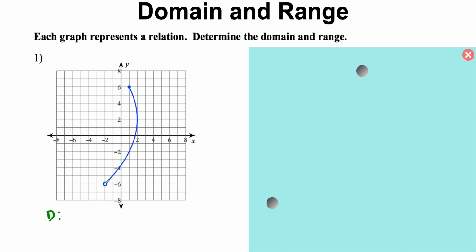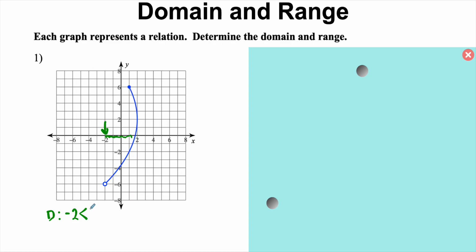Okay. So notice this blue line, the graph, it went all the way to -2. Okay, that's the lowest x value. So we're gonna write down -2 is less than. Why less than? Because it's open circle and it's smaller than all these x values.